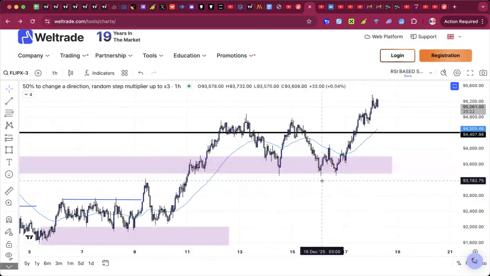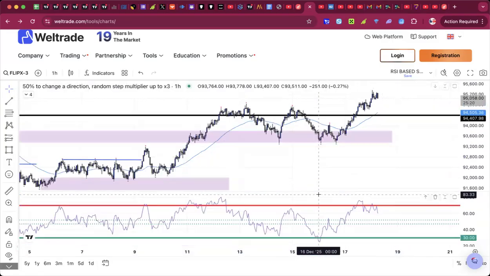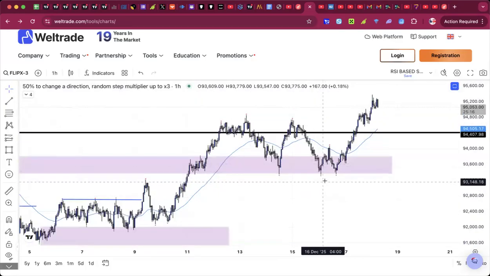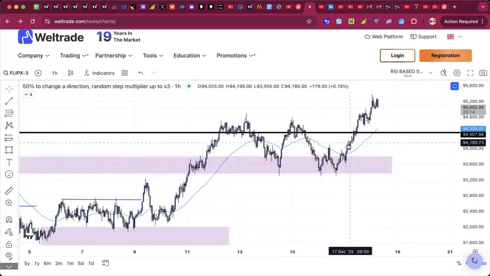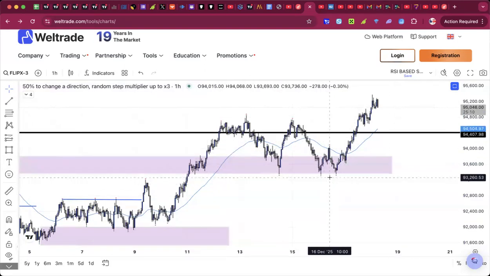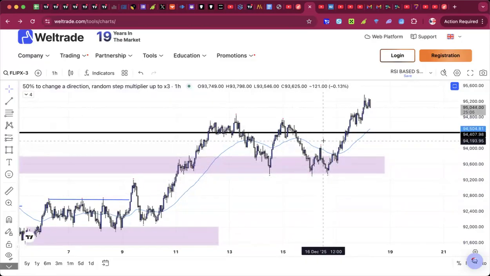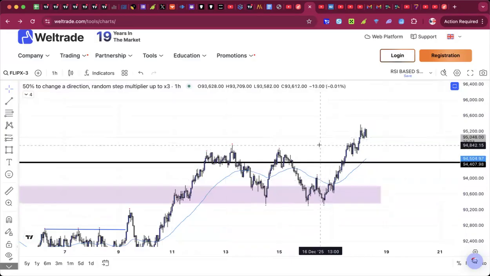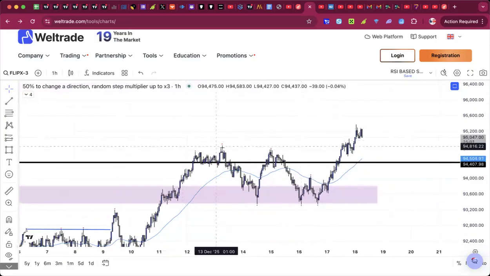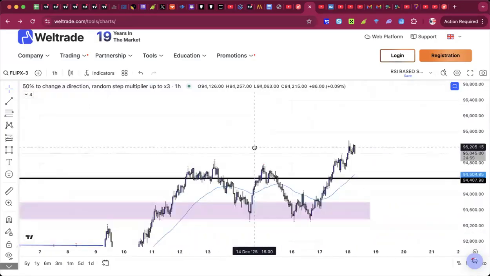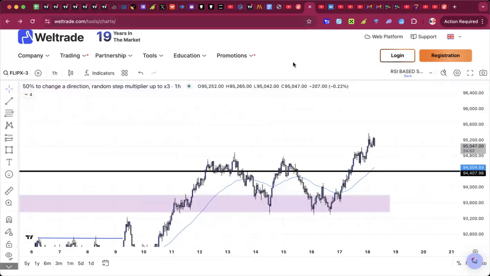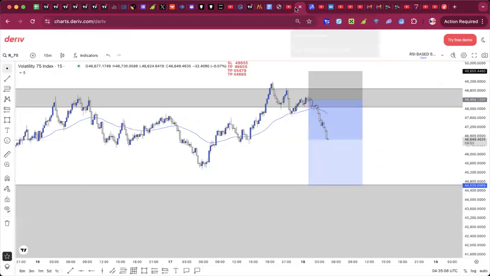The market actually created a double bottom, as it were. Then you have a nice move up in the continuation there. So that's what it is.